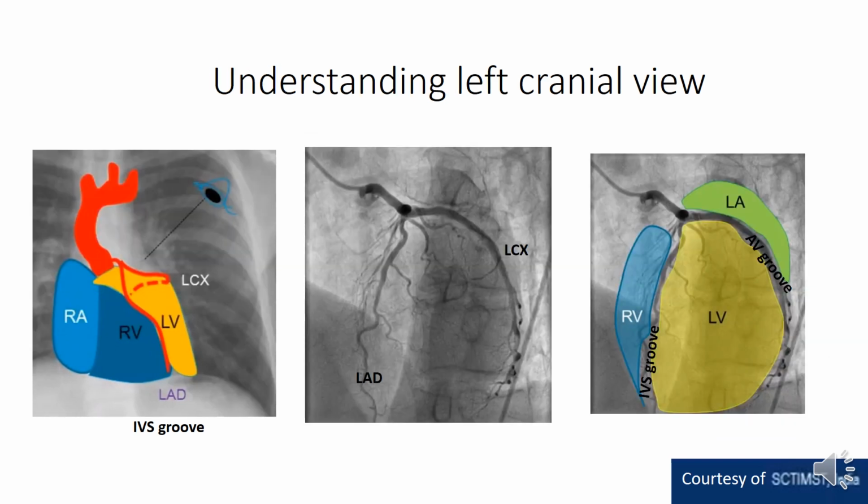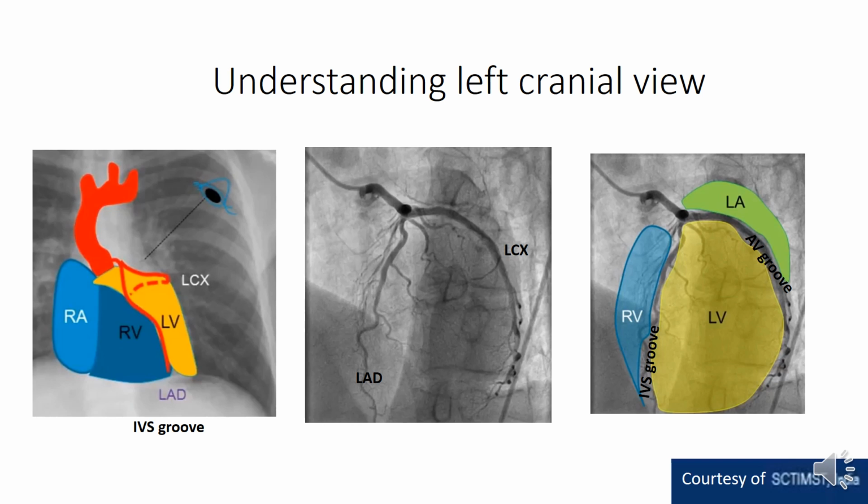The third orientation is the left cranial view. We are looking also from cranial orientation, so the vessel that runs along the picture along the interventricular septum is the LED one, and the other one running on the lateral surface of the heart is the circumflex one.